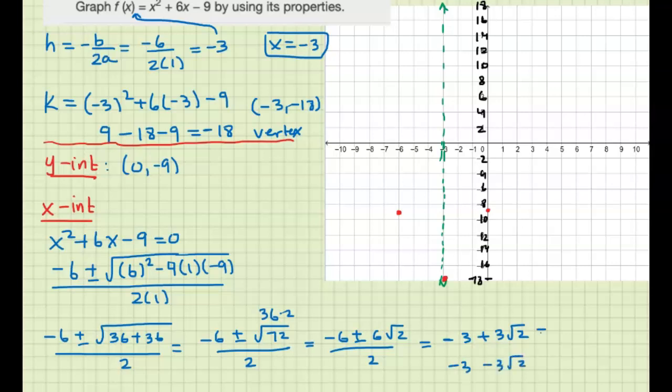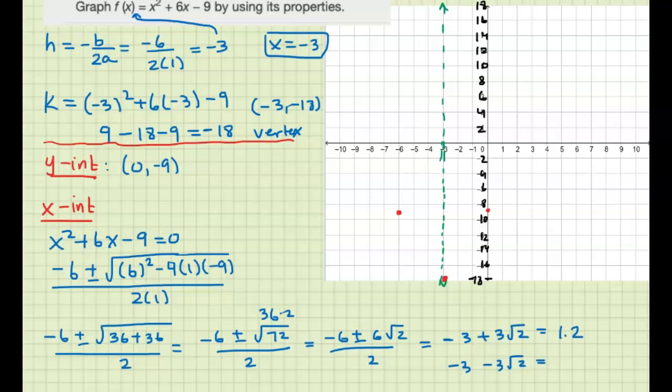Now the radicals are not very useful if I'm graphing, so I'm going to approximate this in the calculator. Negative 3 plus 3 square root of 2 gives me 1.24. 1.2 is fine.